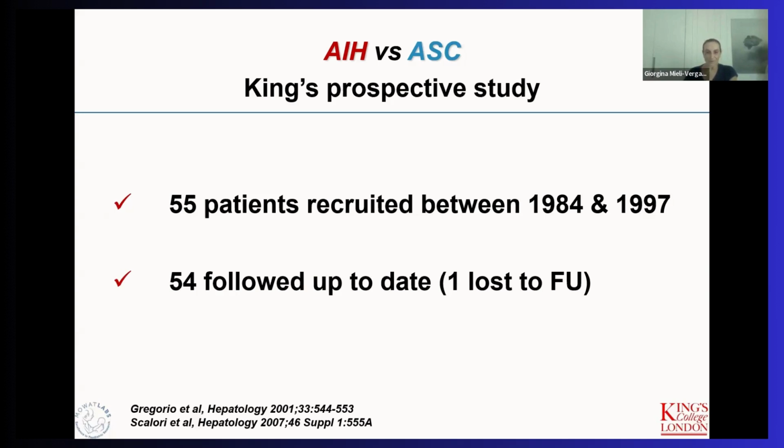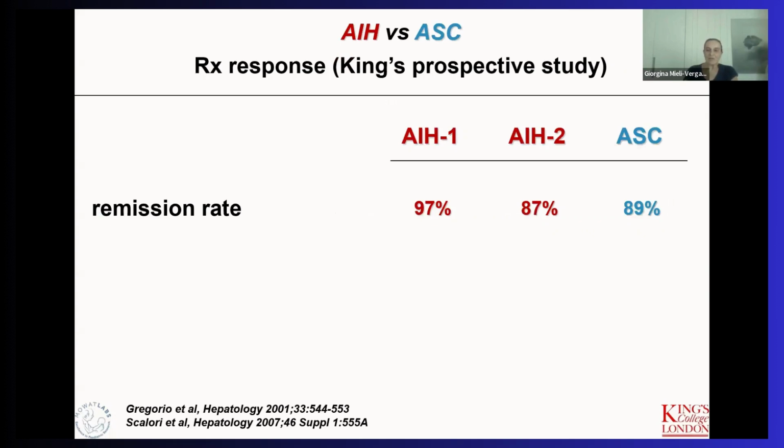One was lost to follow-up. And you can see that the remission rate using the King's protocols for prednisone plus or minus azathioprine achieved complete remission in the same proportion of children in the three groups: juvenile hepatitis type 1, autoimmune hepatitis type 2, and autoimmune sclerosing cholangitis.